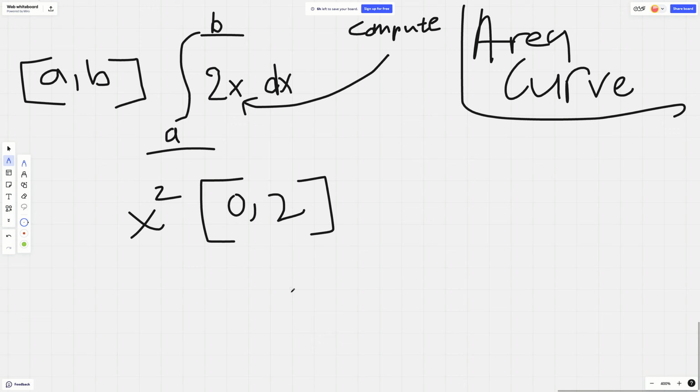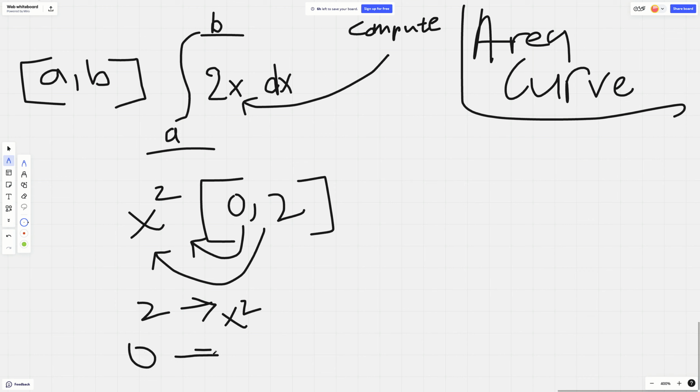Well, we literally just have to plug in these endpoints and subtract the corresponding value. So we have to literally just plug in 2 for x squared and 0 for x squared and subtract the amounts. So x squared, when we plug in 2, is simply going to be 4, and x squared, when we plug in 0, is simply going to be 0.